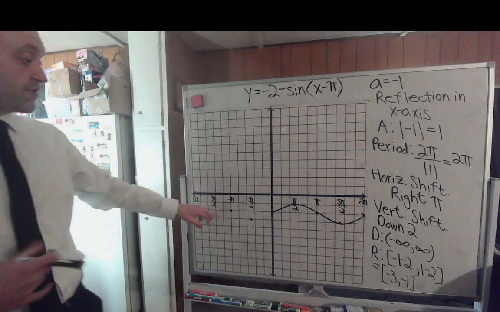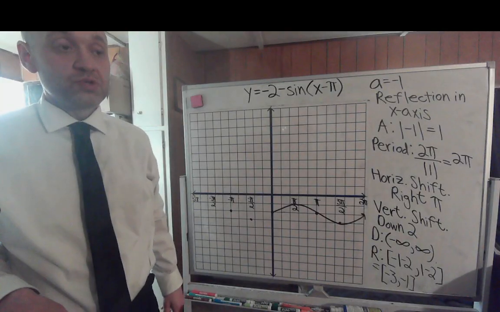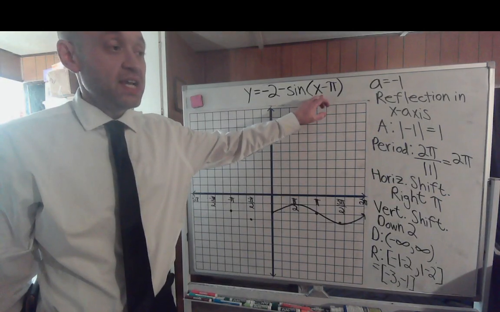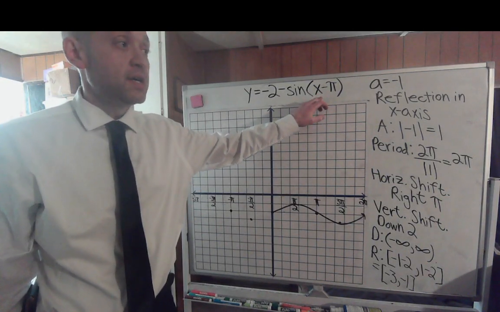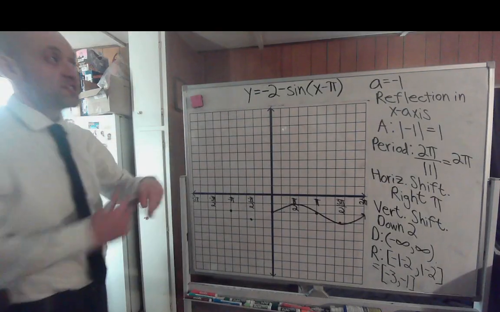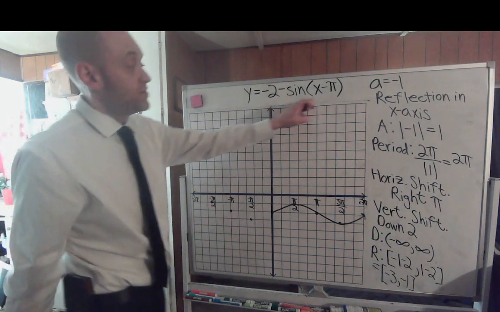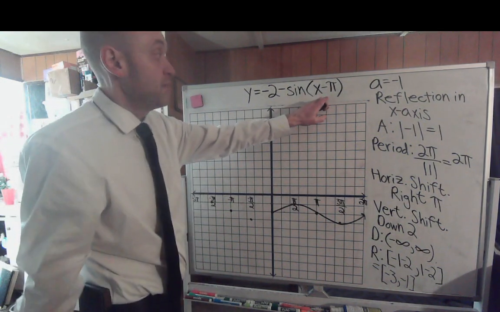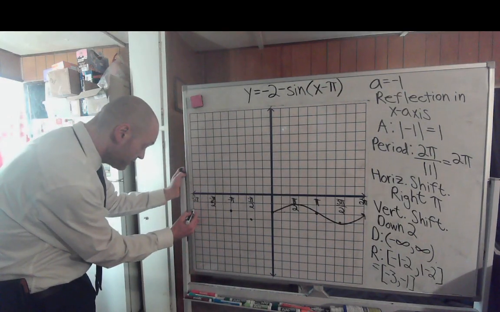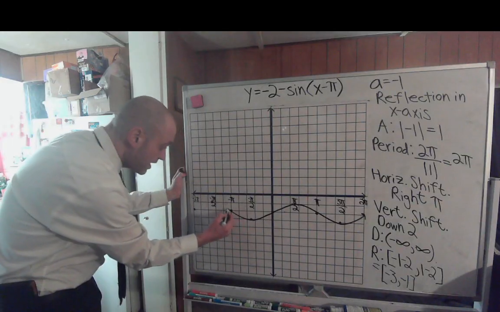So then -3 pi over 2 minus pi, that's the same as -5 pi over 2, which would just be -pi over 2. The sine of -pi over 2 is -1. Negate the -1, add, which would be +1. Minus 2 then is -1. And then -2 pi minus pi, so that would be the sine of -3 pi. 0 minus 2 is also -2. So let's go ahead and graph now the left branch.